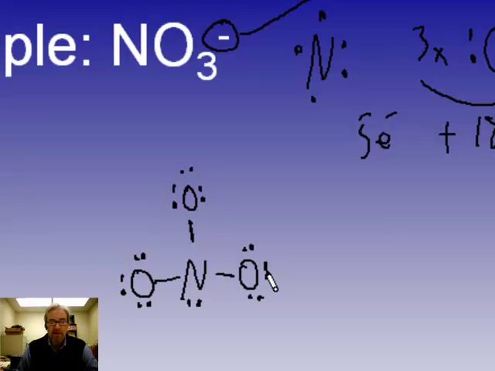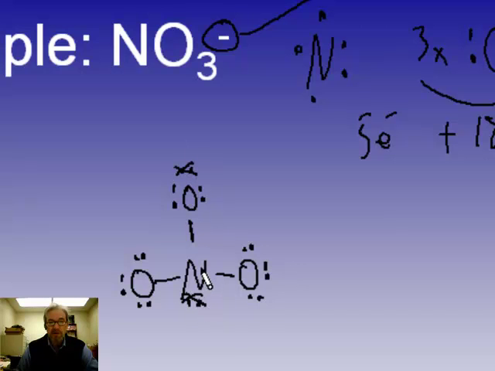2, 4, 6, 8, 10, 12, 14, 16, 18, 20, 22, 24, 26. So I have too many electrons in my structure. So the thing I have to do there is erase a pair from each of 2 bonded atoms and put another bond between the 2. It doesn't matter which of these oxygens I choose. I'll just go with the top one here.